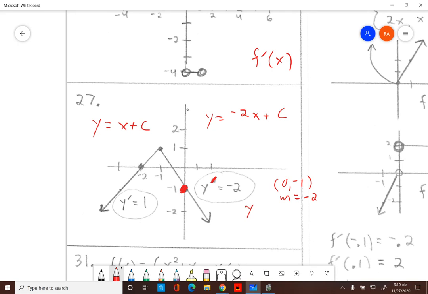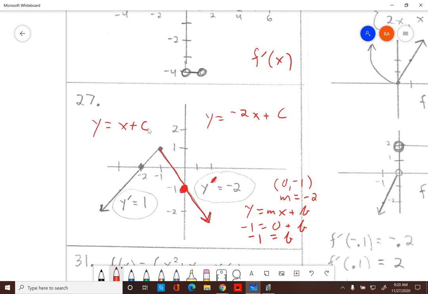I can plug that into y equals mx plus b to solve for that point. But it's going to give me that value here, negative 1, because that is the y-intercept. So again, negative 1 is equal to 0 plus b. That is the y-intercept, because that is the 0, negative 1 point. So then I can just draw in negative 2x minus 1. I'm just going to draw that piece here like this, and it's going to keep going on in that way.